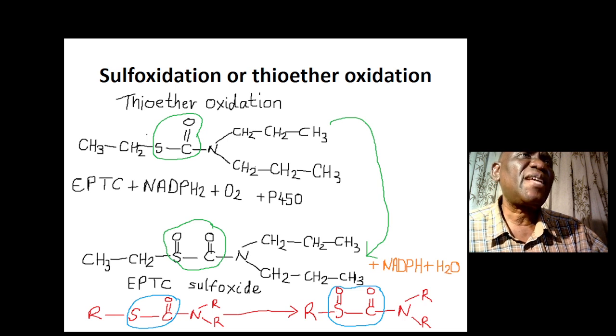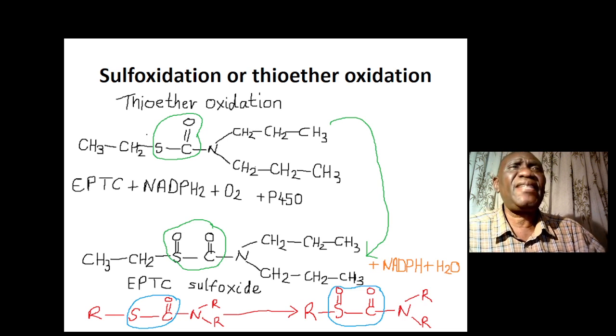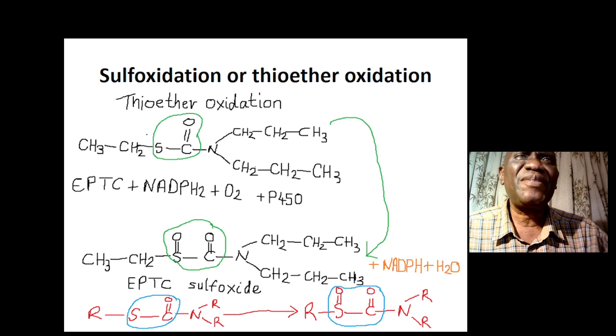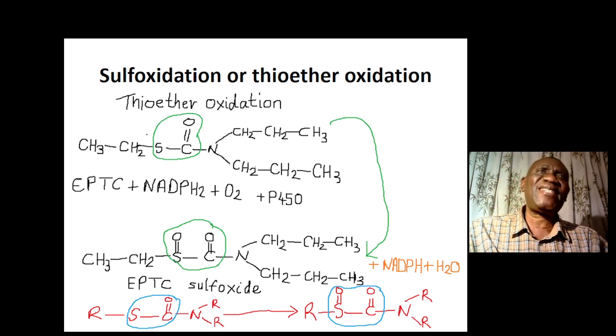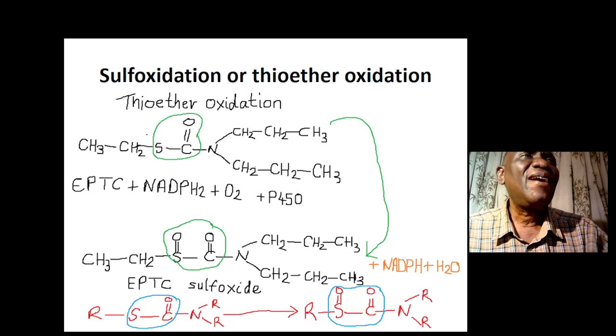Here we've got EPTC. It's the herbicide which is used to control Cyperus esculentus in maize. Here where we've put a green circle, we are showing the position of sulfur.